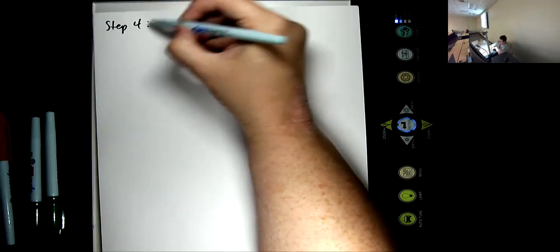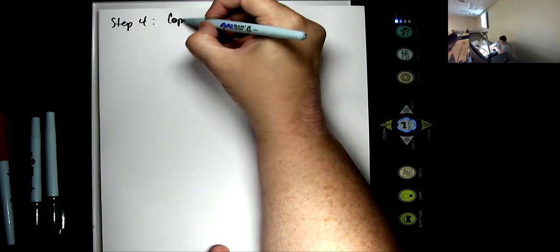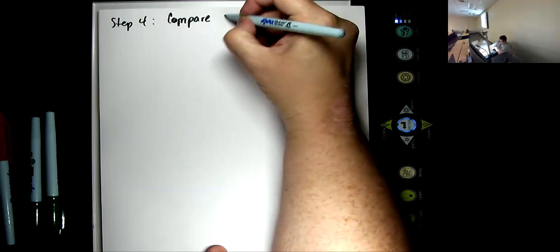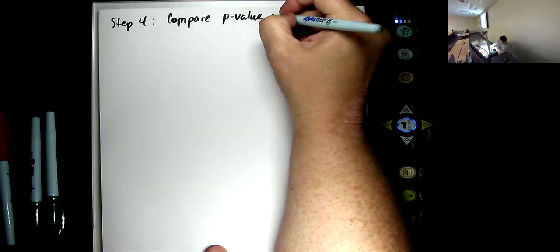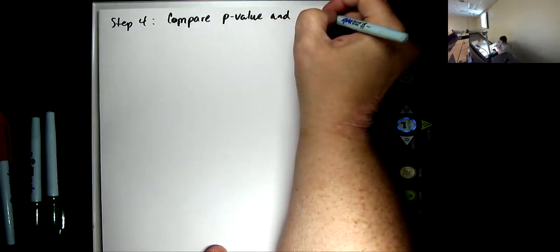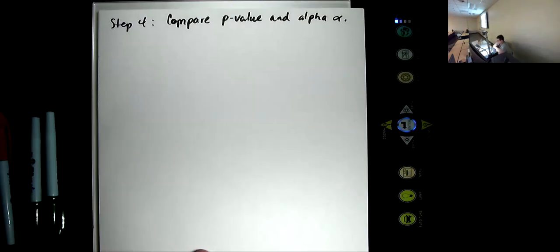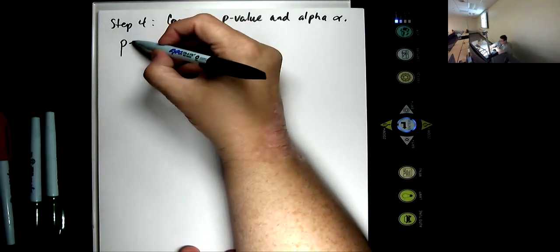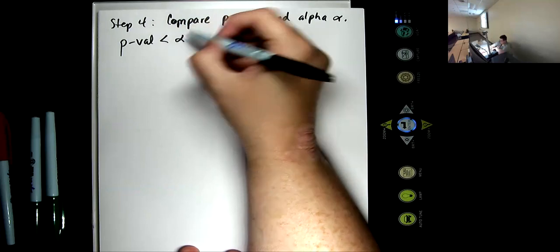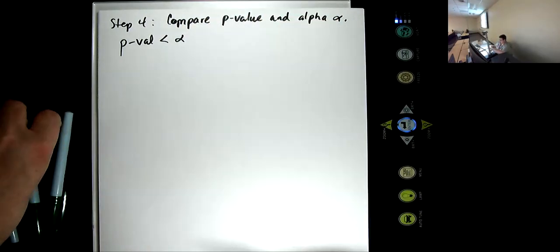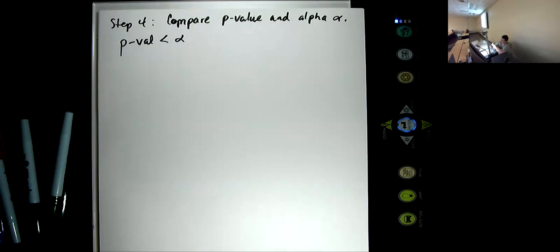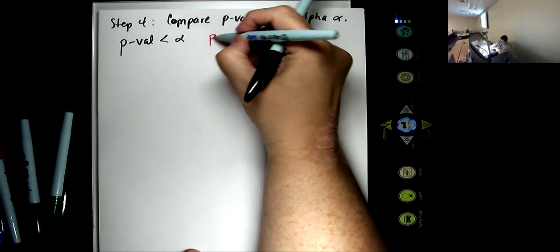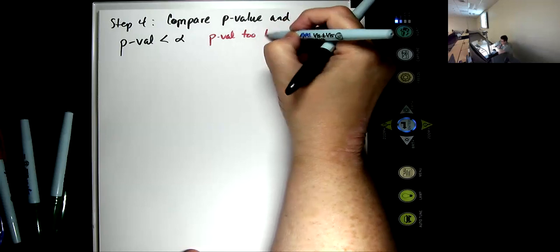Step 4 is compare p-value and alpha. If the p-value is less than alpha, we have a scenario with the p-value too low, reject the H naught.